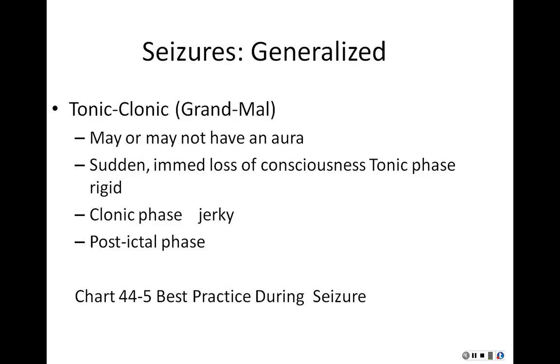Not everybody has that, but and then they'll have a sudden. This is the tonic-clonic. So this is what also has been known as the grand mal. They have this aura, then they'll have a sudden, immediate loss of consciousness, and they'll get stiff. That's the tonic phase. And then they'll go into the rhythmic, jerky kind of stage.